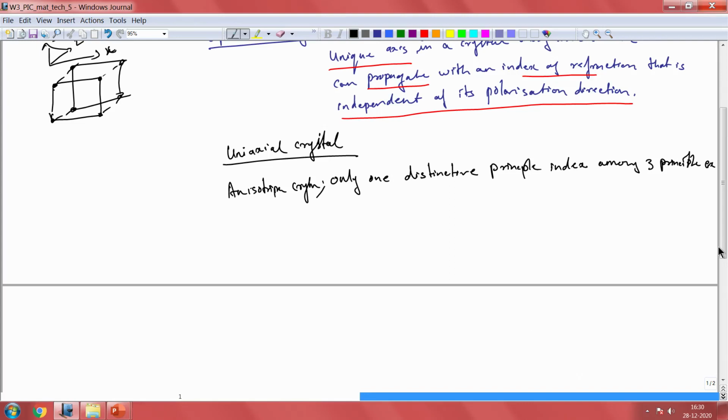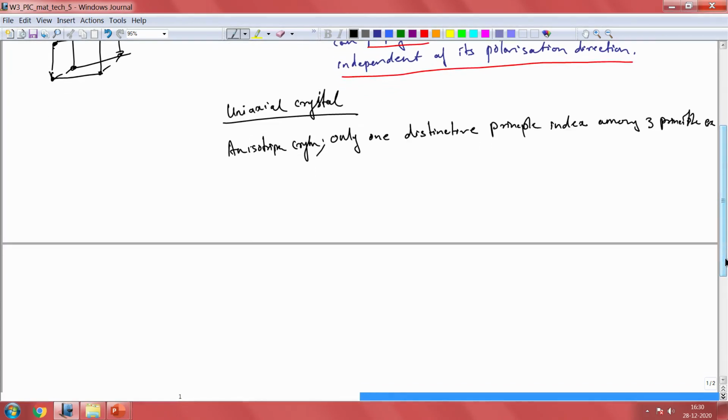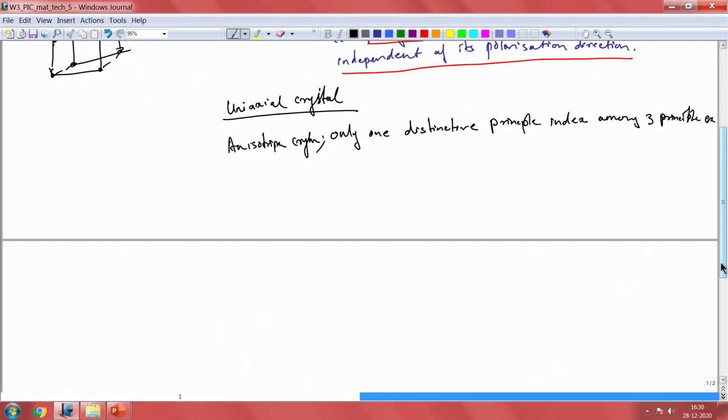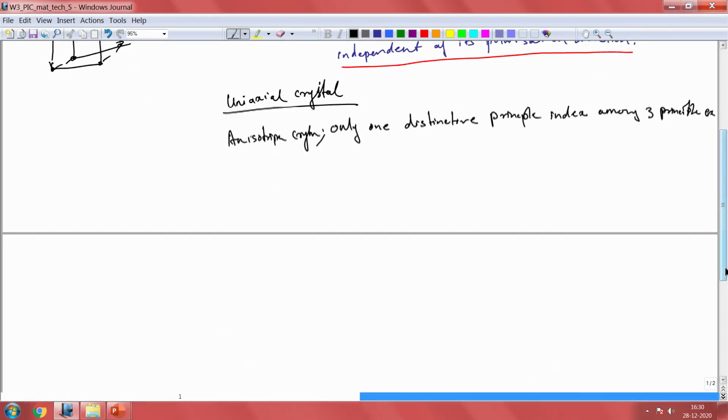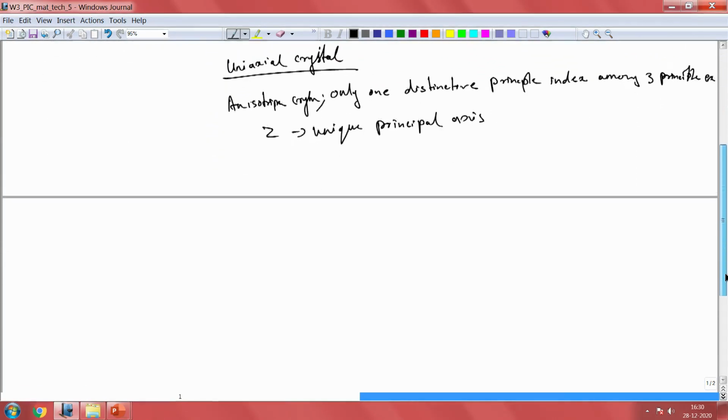You do not have distinct indices in other directions. Normally, for this unique principal axis, we take Z as the unique principal axis.